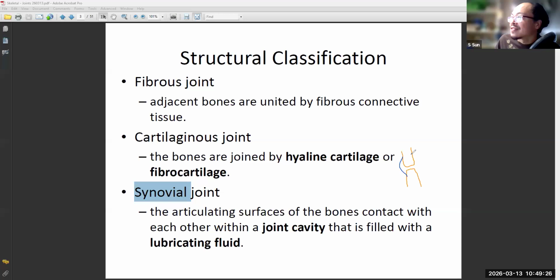The whole thing is wrapped by a membrane, a capsule. And inside of this capsule, you have fluid.